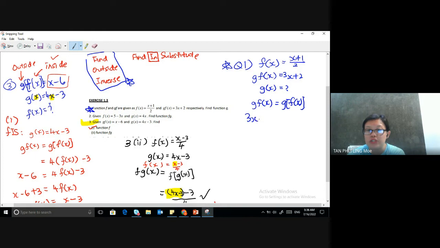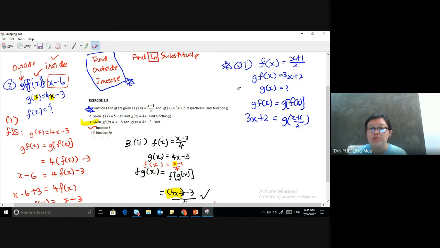I substitute first. But I don't have the outside, so I don't know what to do, right? But I write down first that f(x) is (x plus 1) over 2.